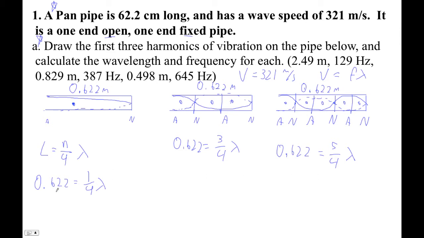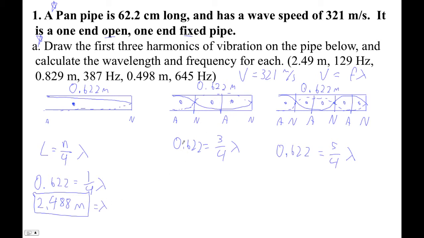So now we can figure out the wavelength. This is math. 4 times 0.622 is 2.488, or 2.49 if you're going to do sig figs. That's my lambda.